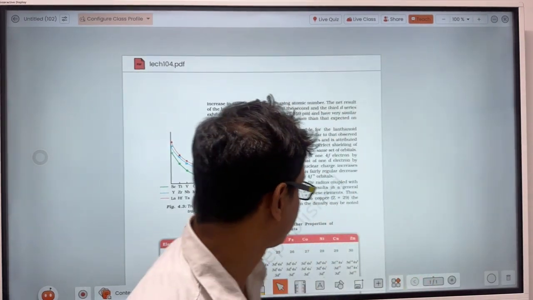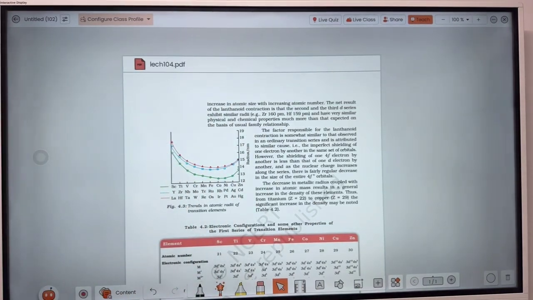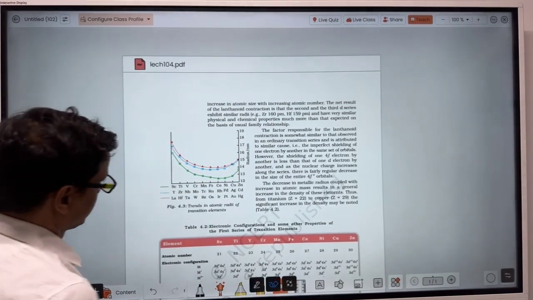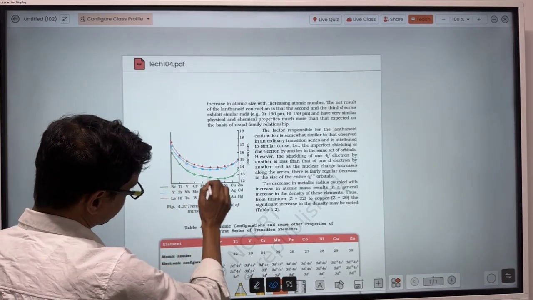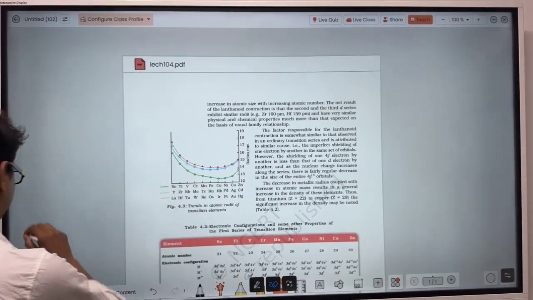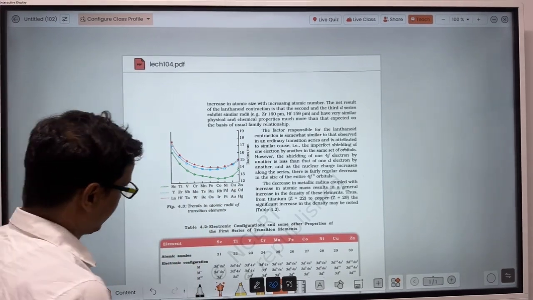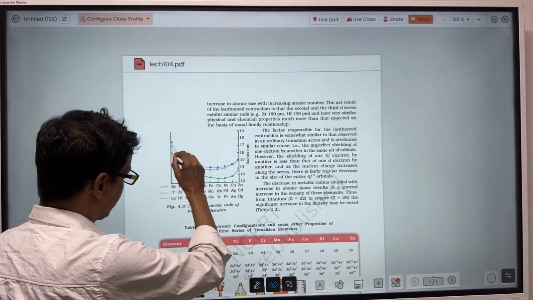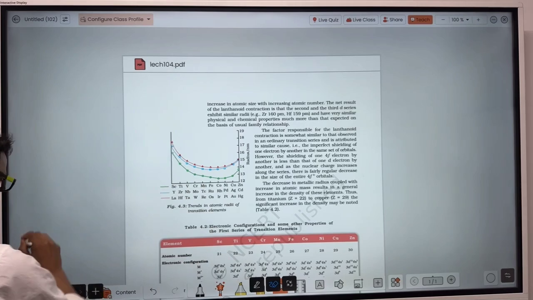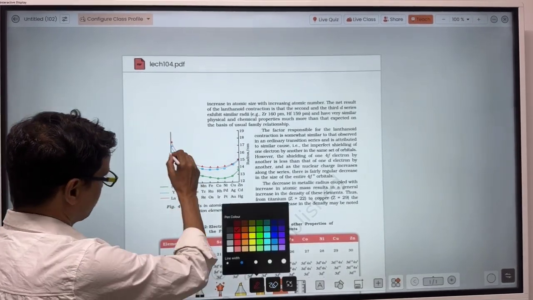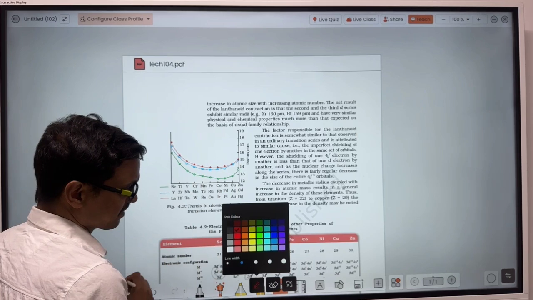Let's see here, first the 3D elements, when we consider the atomic size. As we move across the period, what is happening? The atomic radii decrease.